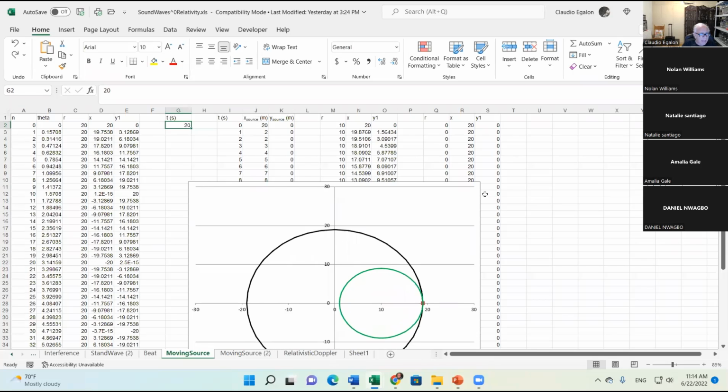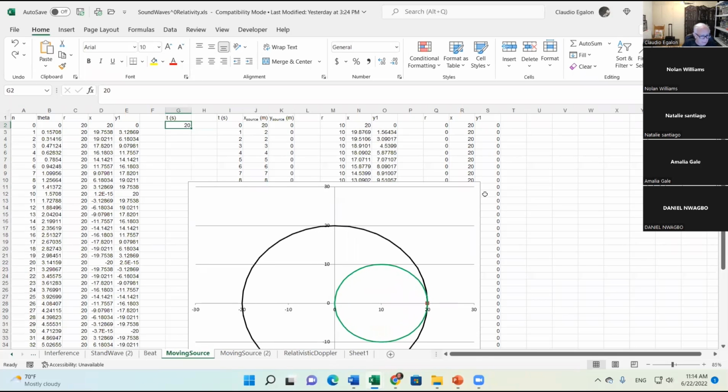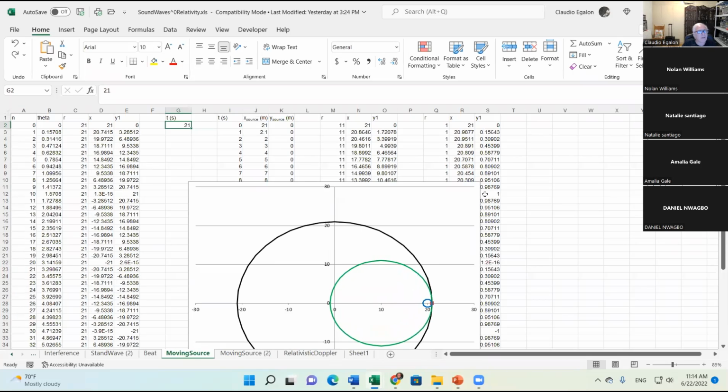Okay, at the instant of time equal to two periods, we have a third wave front emitted here, and then we have a third constructive interference, tripling the original pressure there at the front of the wave. Okay, let me see one more coming.